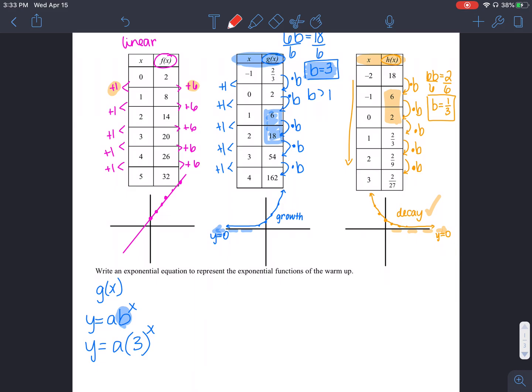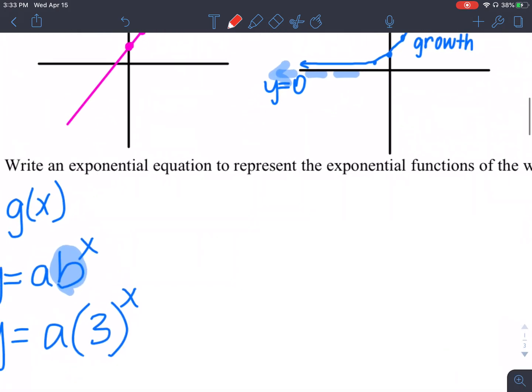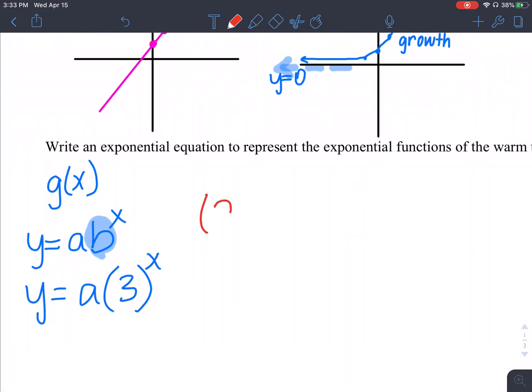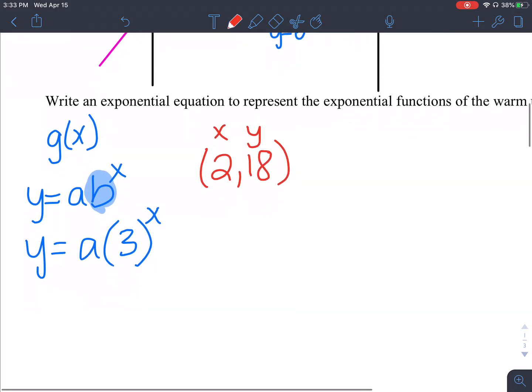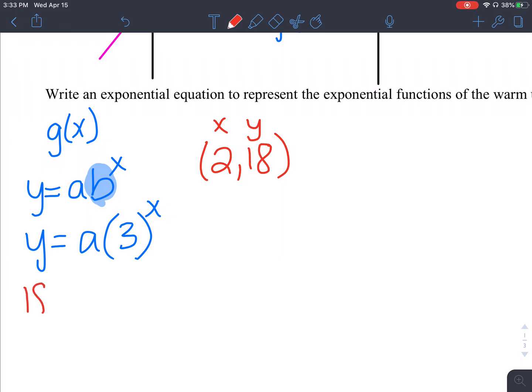I can choose any point that I want. Since I did 2, 18 before, I'm going to use 2, 18 again. It'll work with any point, x, comma, y. So I'm going to put 18 in for y.